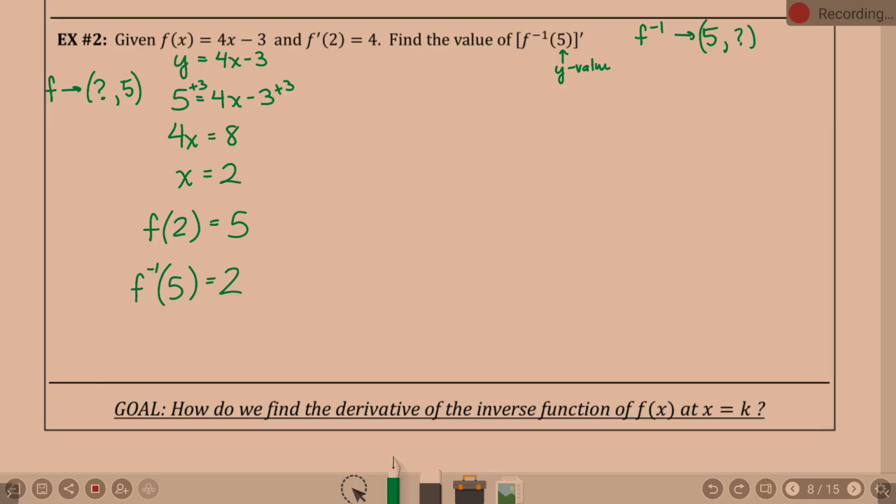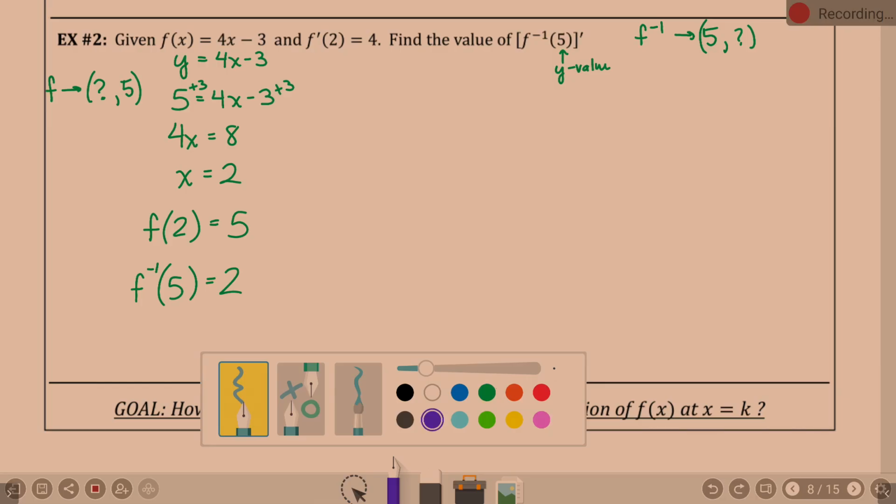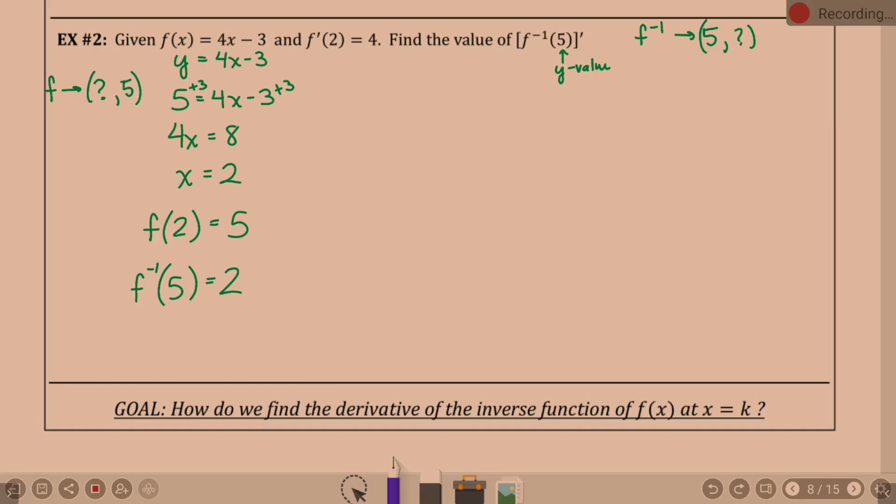Okay, we're going to use that formula we came up with from up above, because we're trying to find the derivative of the inverse. The derivative of f inverse of x was 1 over f prime of f inverse of x. That's my formula from up above, correct? We're being asked to find what?